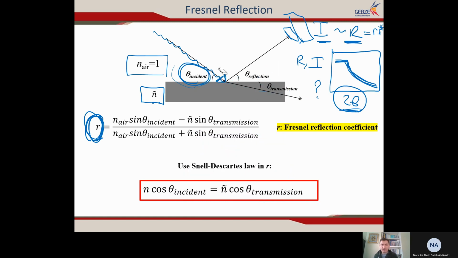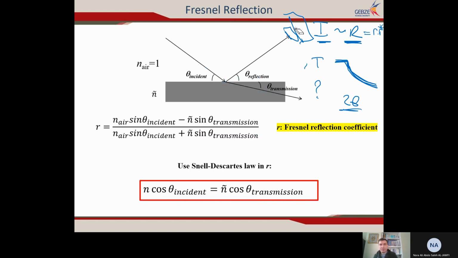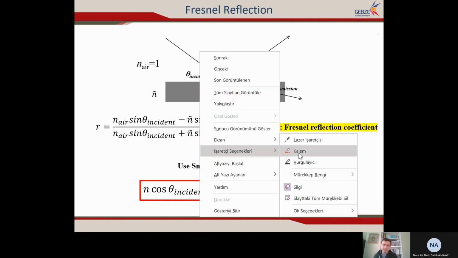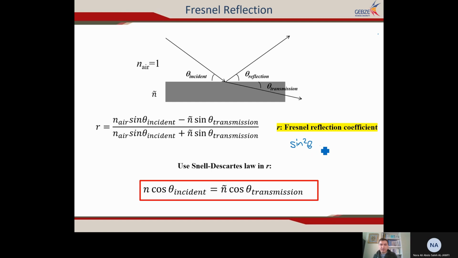It is a little bit long as much as I remember, but let me remember and get this expression. Sinus squared theta plus cosine squared theta is equal to 1, right? Here, let's consider this is the sinus squared transmission, cosine squared transmission.